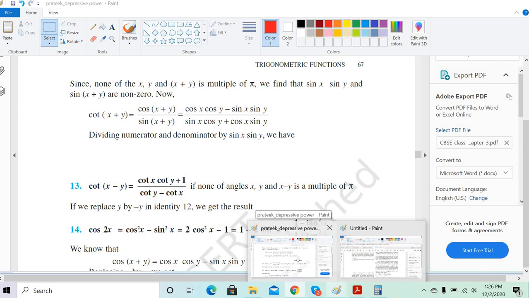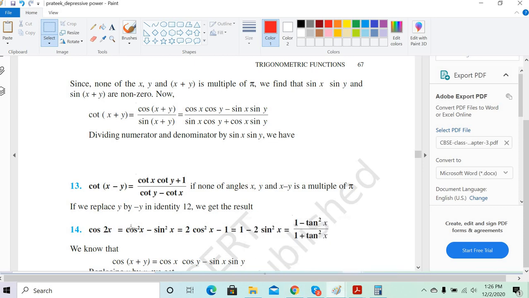The denominator part is wrong for you. Which one you got, in the cot x minus y formula or cot x plus y formula? That's correct, no? Then you got correct. Okay, cot x minus y, you got the correct answer then. Cot x cot y plus 1 by cot y minus cot x is the correct answer.